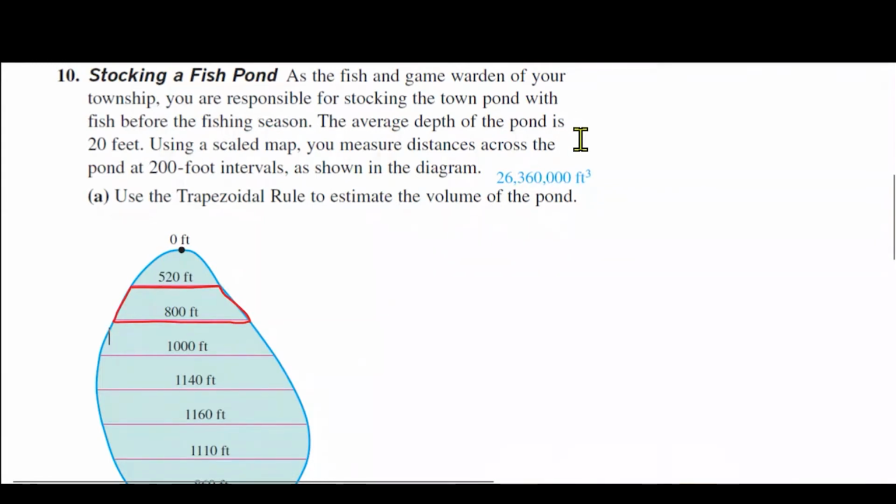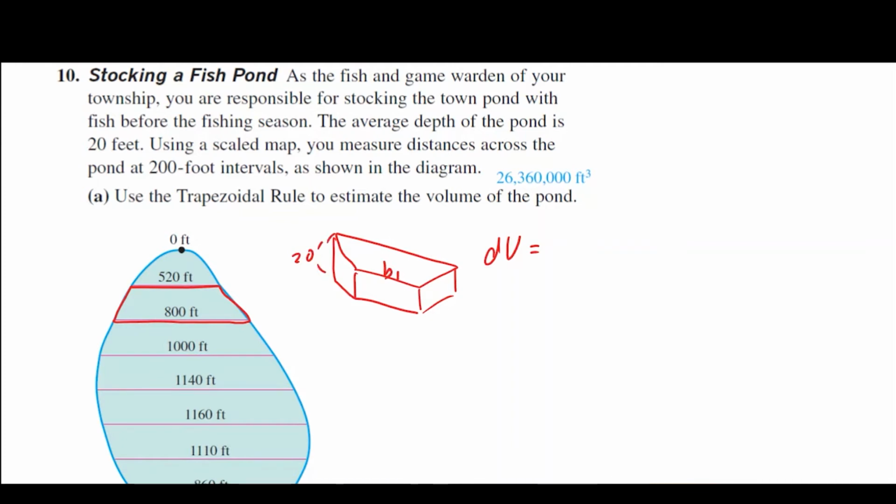And then we can think of that as a 3D shape. Water. You know what I'm saying? So we can calculate the volume. Each of these is the dV. So this is 20 feet here. And this, let's say, is B1, and this is B2.